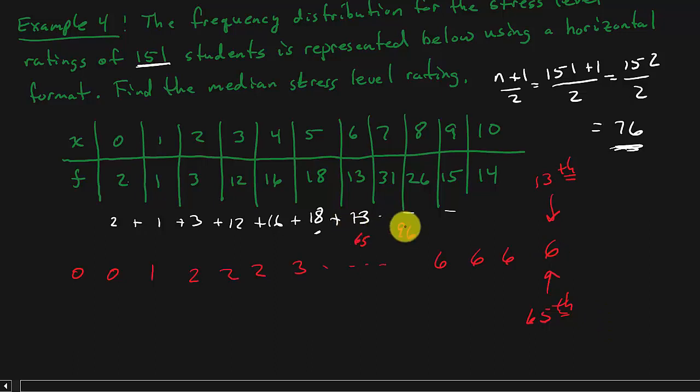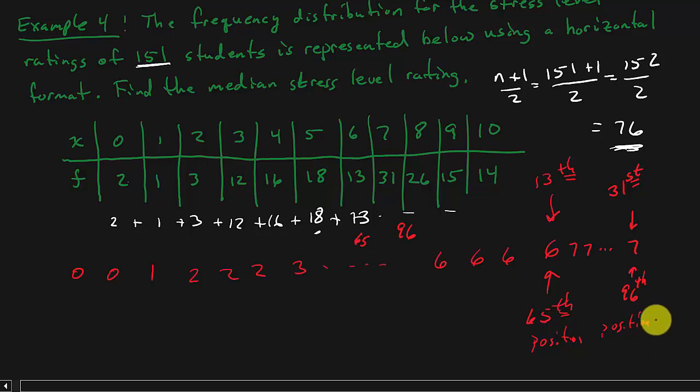And then if I kept going, there's 31 7s, so I would list 7, 7, and then a 7, and this would be the 31st 7. This would be in the 96th position. Okay, that's the position it's in.